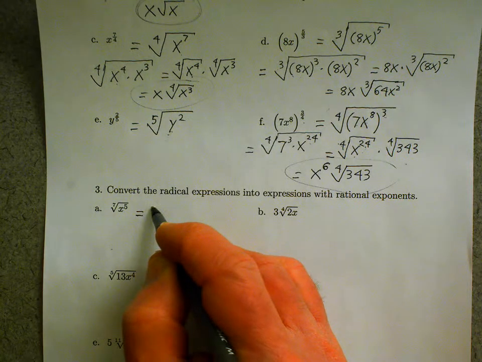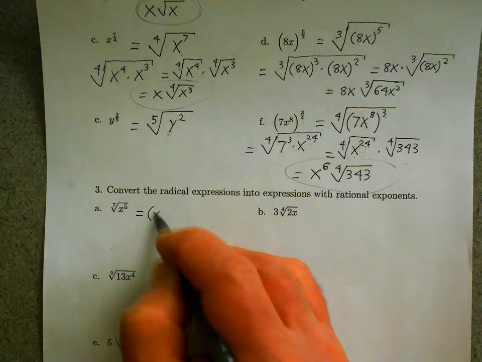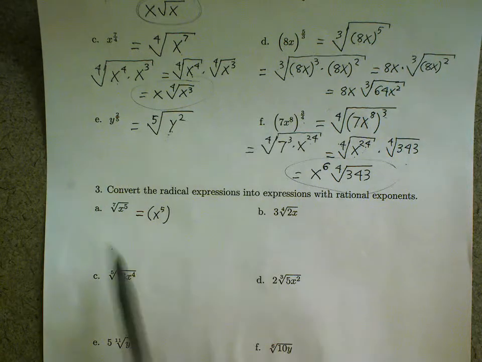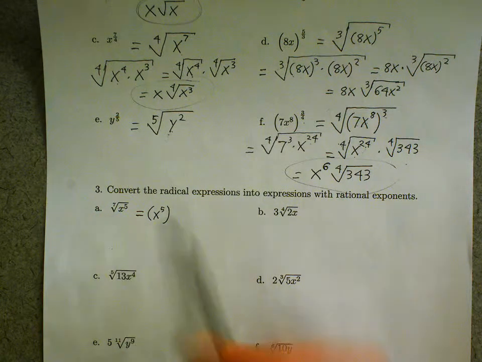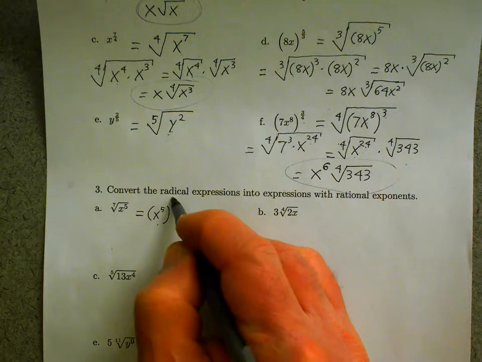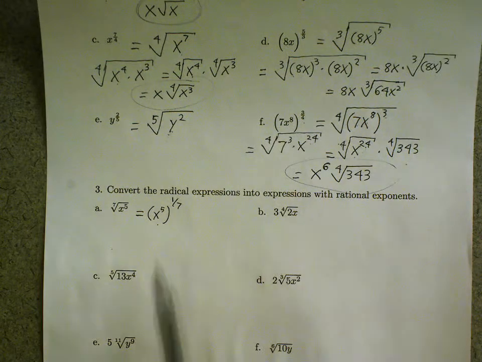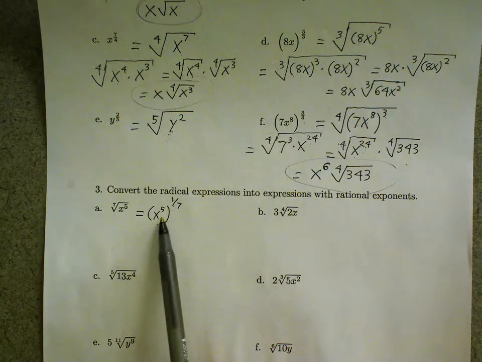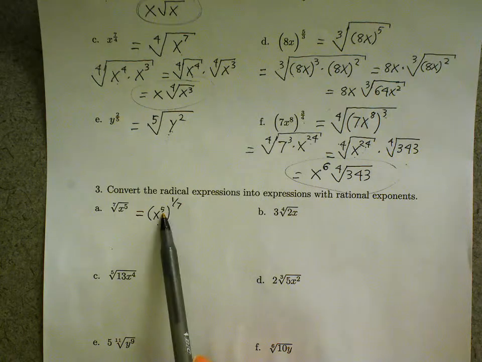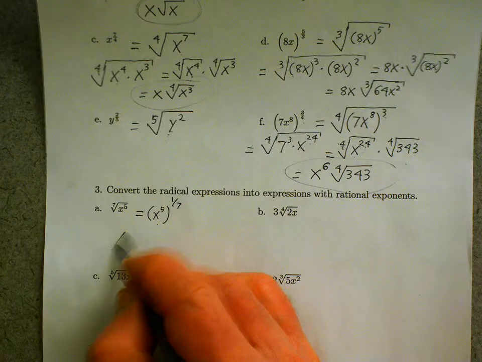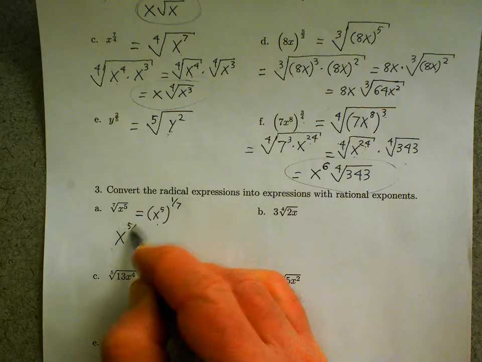Well, inside the radical, we have x to the 5th. And a 7th root of something means to raise that something to the 1/7 power. And then we just apply a property of exponents. Multiply 1/7 times 5, we get x to the 5/7.